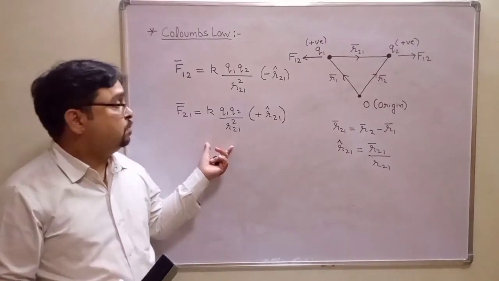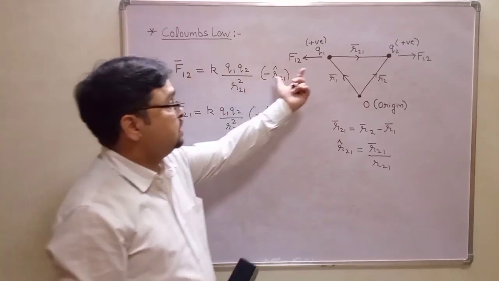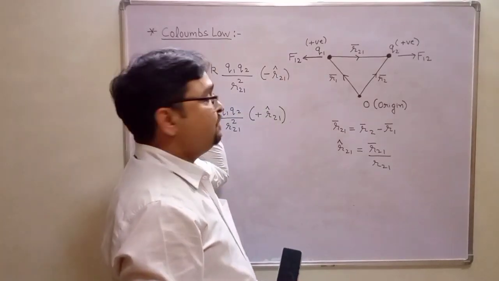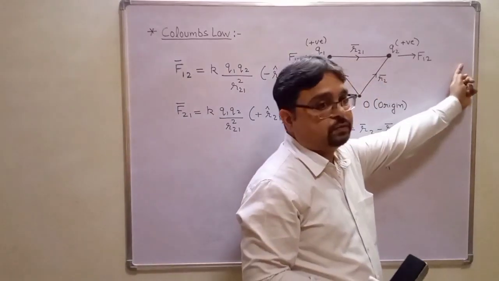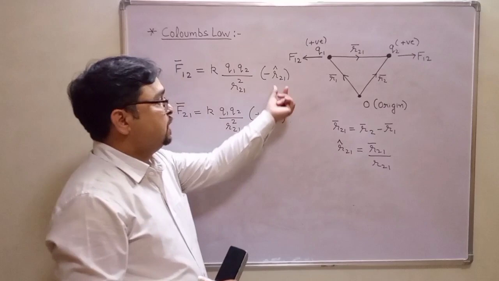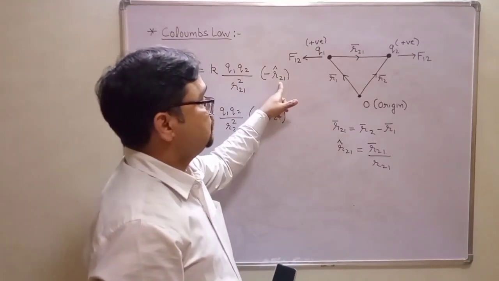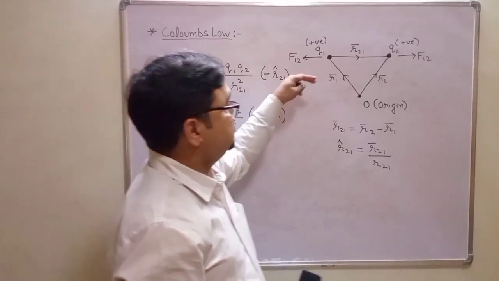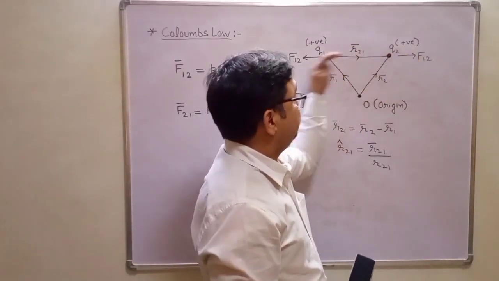Please note it down, both the formulas. Minus sign here represents the direction of force is towards left, and plus sign represents the direction of force is towards right. Unit vector r21 is vector towards 2 from 1. So it is in the direction towards 2 from 1.